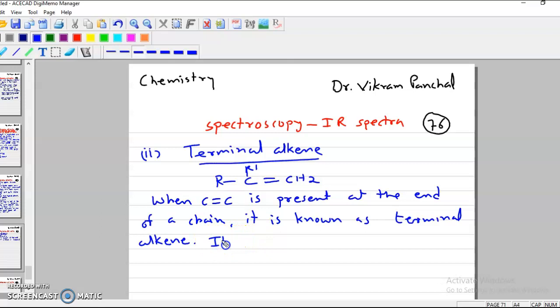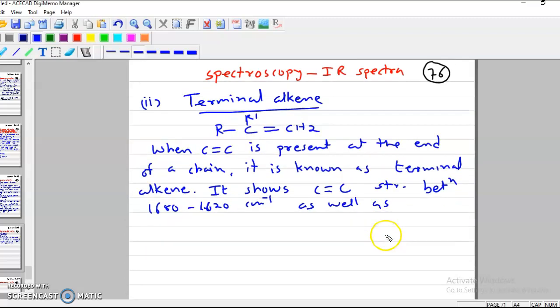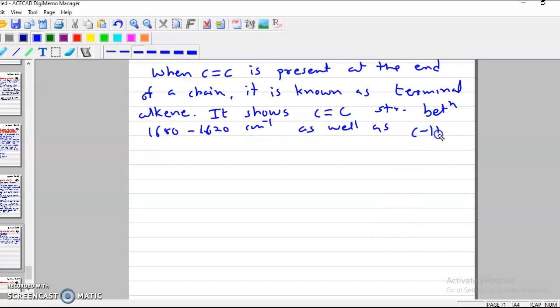It shows C double bond C stretching between 1680 to 1620 centimeter inverse, as well as CH stretching between 3100 to 3000 centimeter inverse.